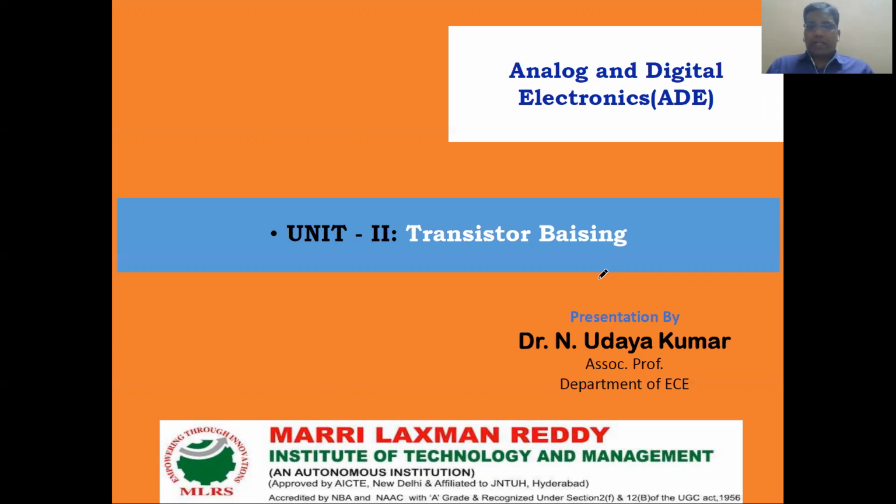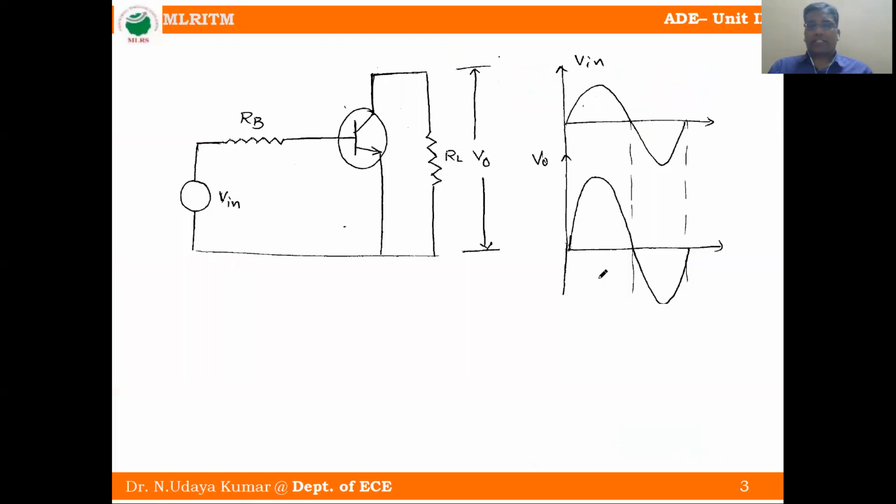Okay, so today we will see transistor biasing. First of all, what do we mean by biasing? Biasing means adding some voltage or battery to the circuit for maintenance of the output voltage. We call it transistor biasing. See, you will see the circuit. It is a transistor.